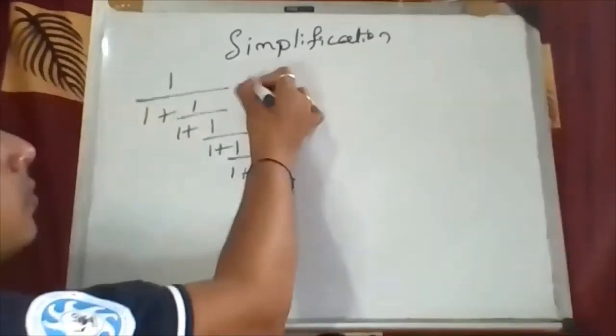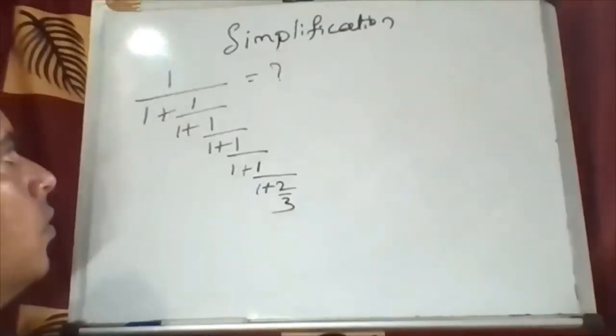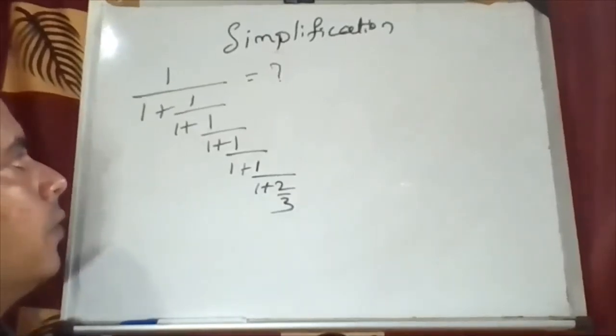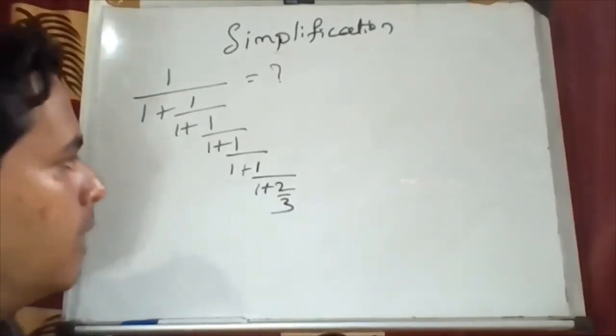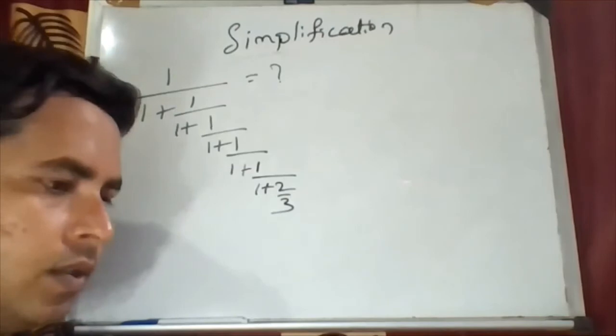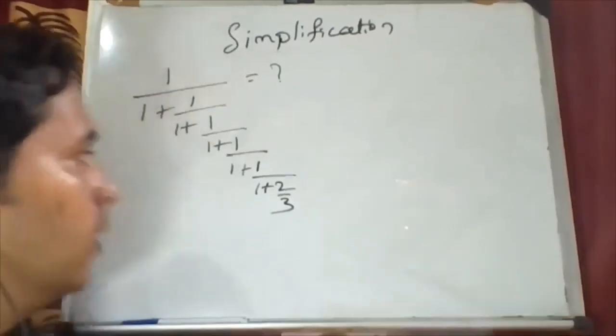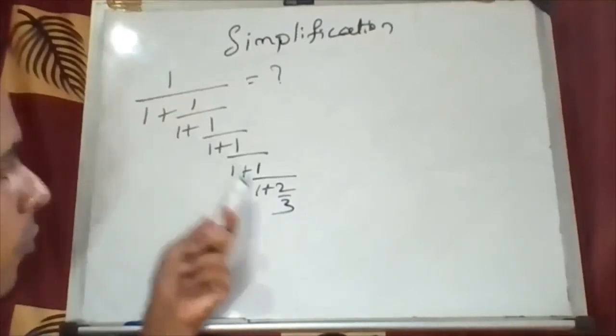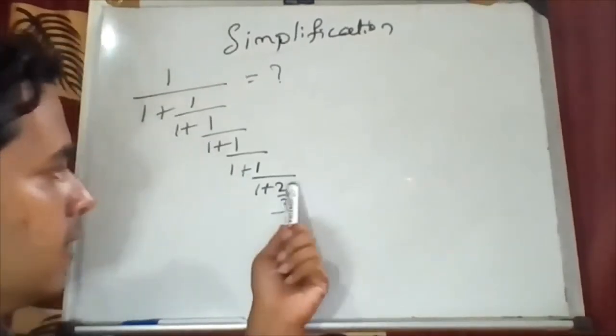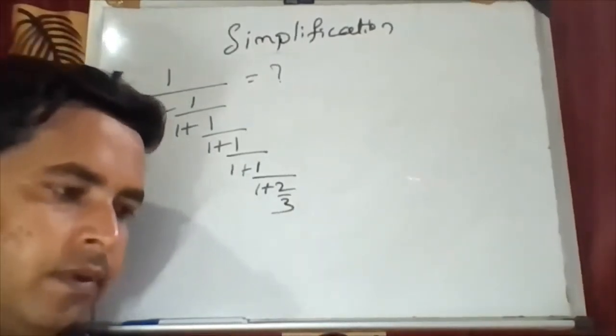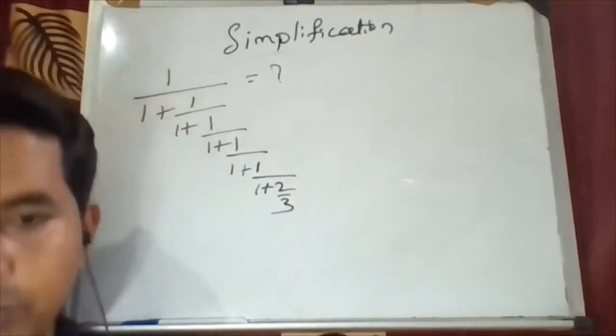So give me the value of this. How many ones are there? Added ones: 1, 2, 3, 4, 5. And these 2 by 3. 5 dots will come. Okay.